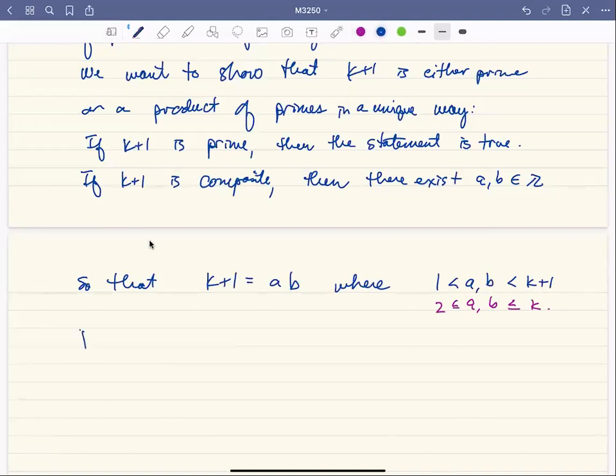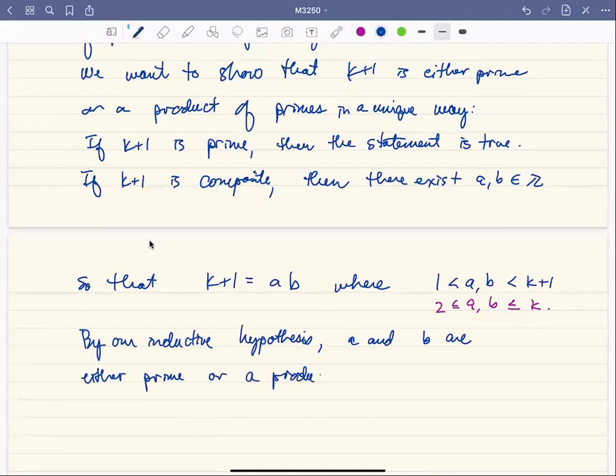Now, by our inductive hypothesis, remember that we assumed that the statement was true for all values up to k. Well, a and b are less than or equal to k. So by our inductive hypothesis, a and b are either prime or they are a product of primes in a unique way.